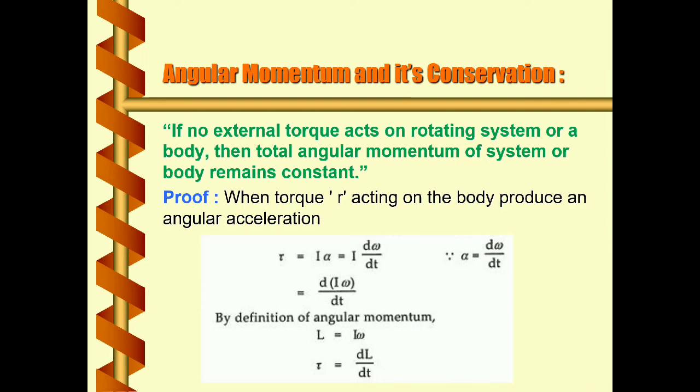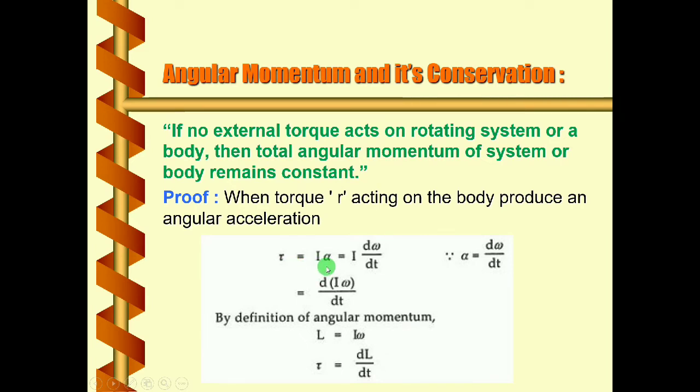We already know the relation, and these are the common notations we use while writing the proof. Suppose a torque tau is acting on a body. We can write tau equal to I alpha. This we already derived in our previous lecture.